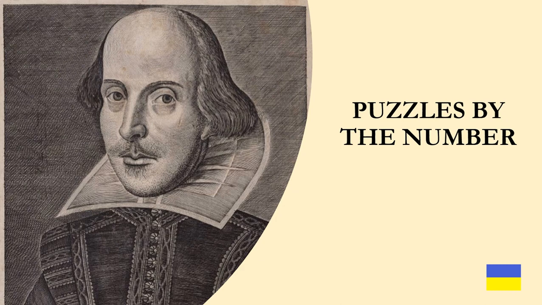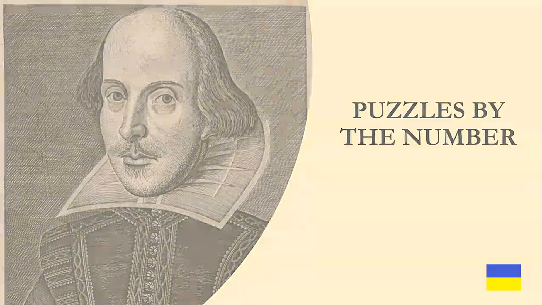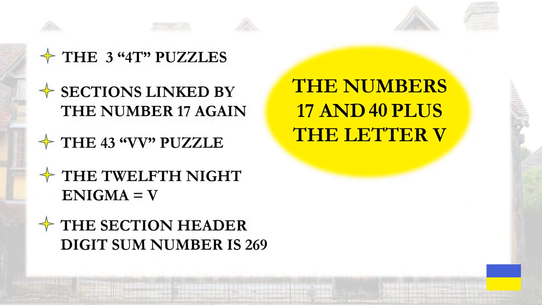I'm going to summarize these puzzles by the number. We have 3 4T puzzles. Those sections are linked by the number 17 once again. The 43 VV puzzle in the upper right-hand section of the histories. The 12th night enigma that equals the letter V, or the number 20. And the section header digit sum number is 269.